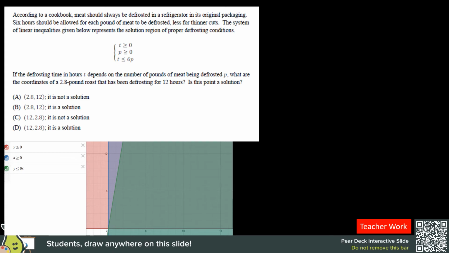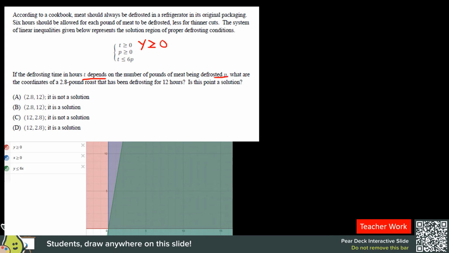It says if the defrosting time in hours t depends. So they're saying, and this is like the real skill here, it says t depends. So that means if it's the dependent variable, that means that t has to be our y. So in other words, y is greater than or equal to 0.